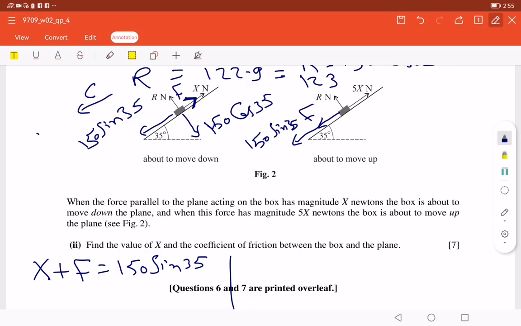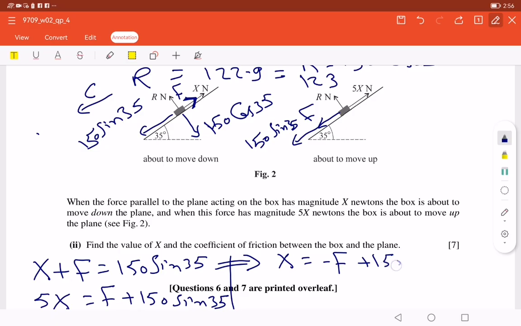According to this figure, we can say 5x equals the friction force plus 150 sine 35. From the first equation, we can say x equals minus F plus 150 sine 35. The second equation, 5x equals F plus 150 sine 35.